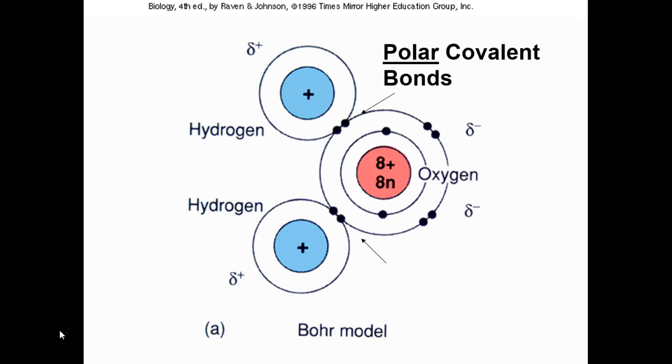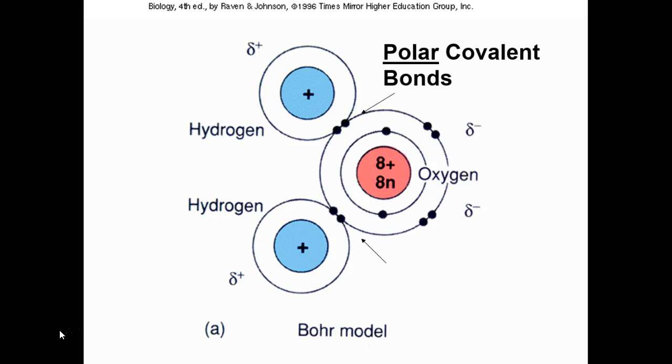Now, since electrons have a negative charge, and they're spending more time around an oxygen atom, that means that on one side of the water molecule, the oxygen side, this is going to form a negative pole. And you can see it over here.